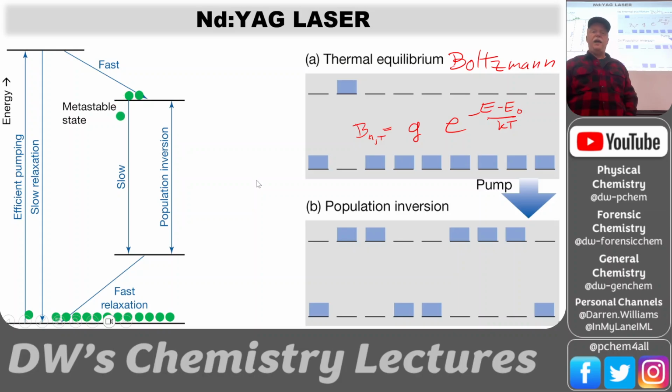So we pump these atoms up, and then they start to fall down, and they hit this one, and this is fast relaxation. So this area right here is where the laser is going to be. That's going to be the population inversion. So once we have pumped these atoms up into this excited state, you see they start to build up.